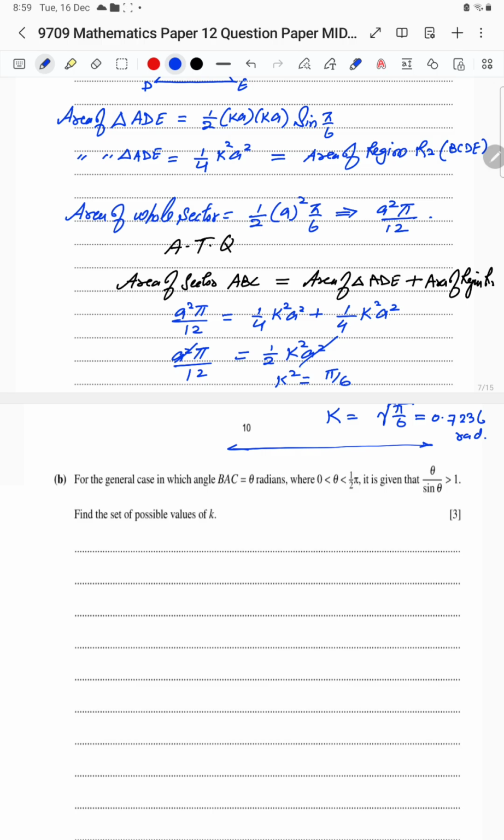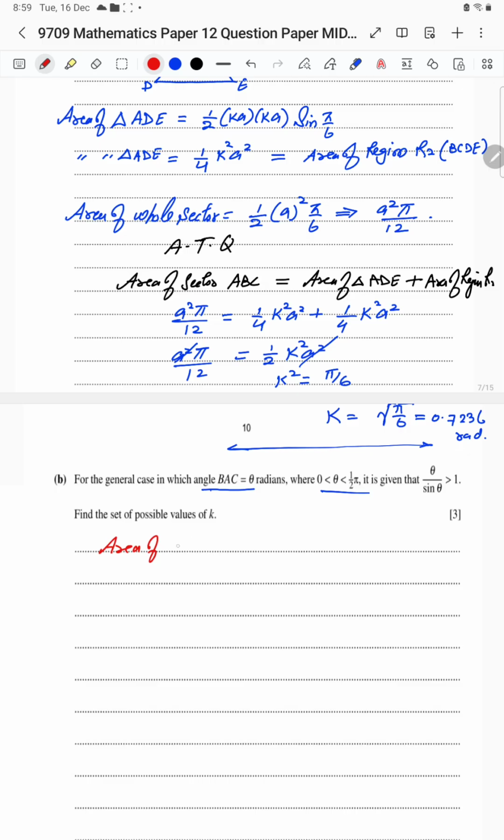Yes. Now for the B part of this question, for the general case in which angle BAC is theta radian, theta lying between 0 and pi by 2, given that theta over sine theta is bigger than 1, find the set of possible values of k. Okay, now you need to apply the same formula.